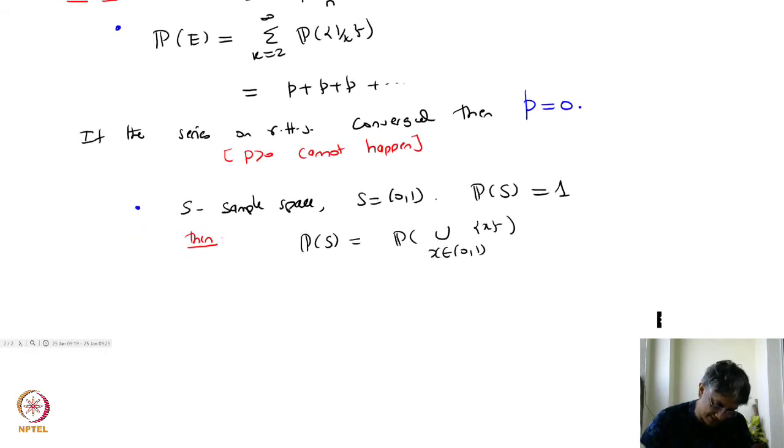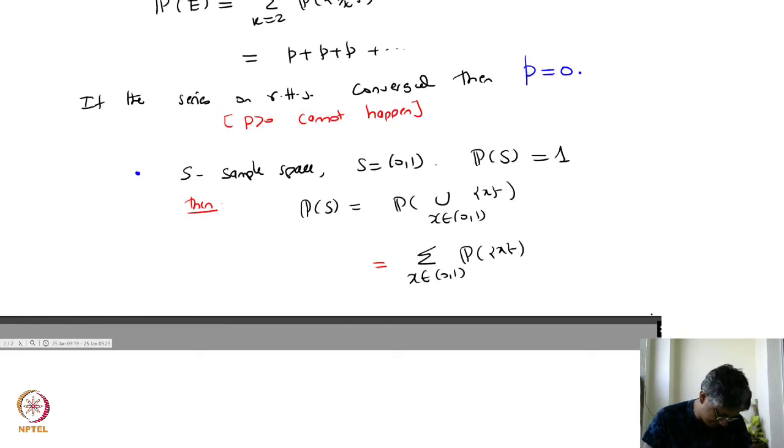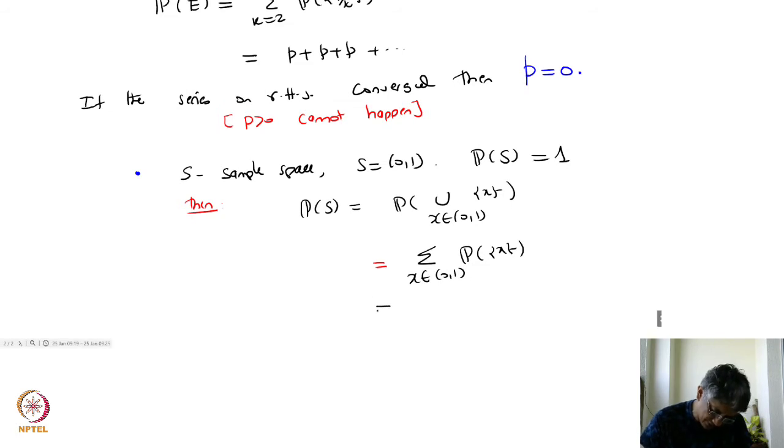That's equal to the sum over x in [0, 1] of the probability of {x}, and that's all p, which is all 0, so that's equal to 0. So you might immediately conclude there's a contradiction.